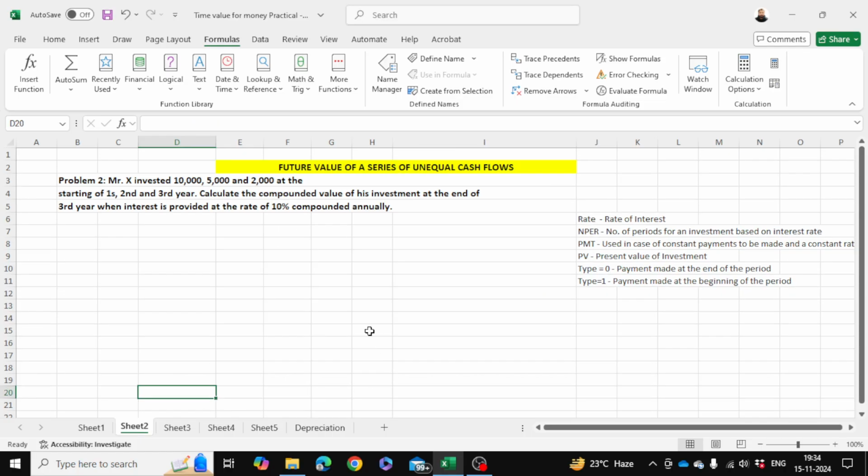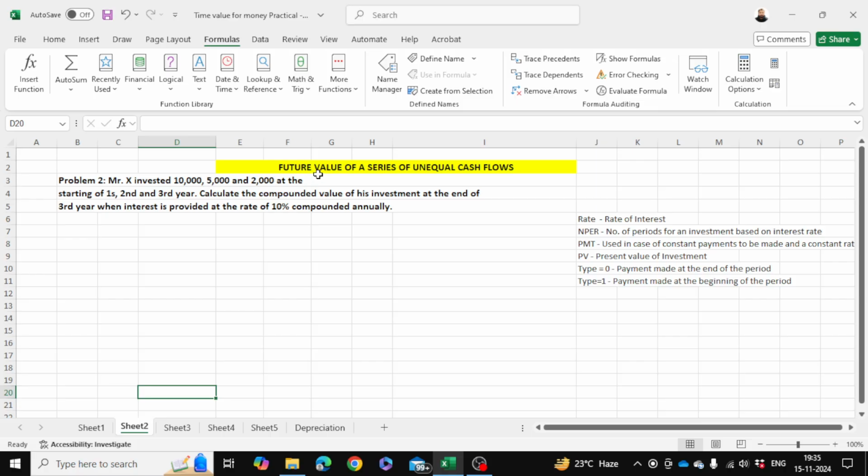Okay, next comes the second question. So I have written down all the things here, so that it's easy for you to judge what parameter you have to take, what you need to mention, right? So let's read out the question first. The second problem asked, Mr. X invested 10,000, 5,000 and 2,000, right?